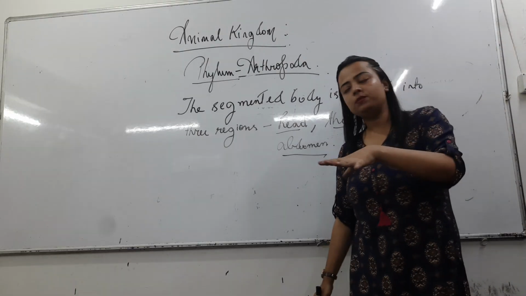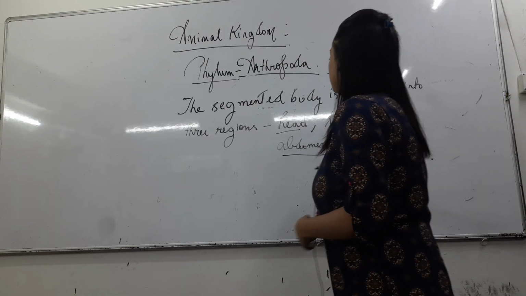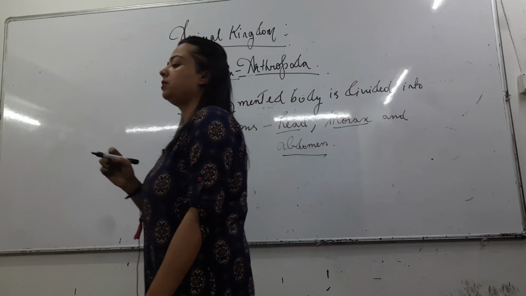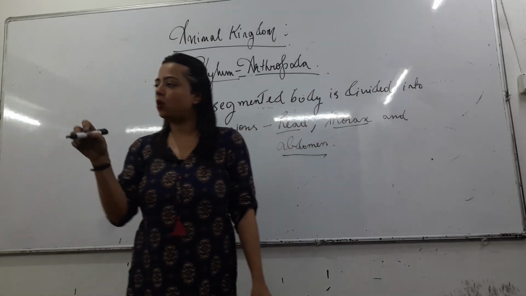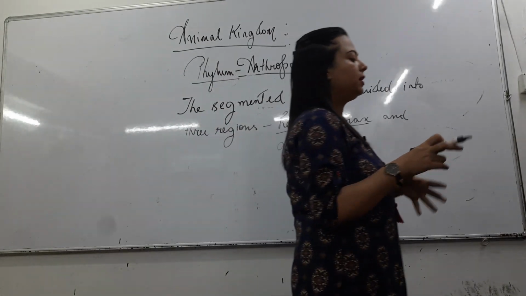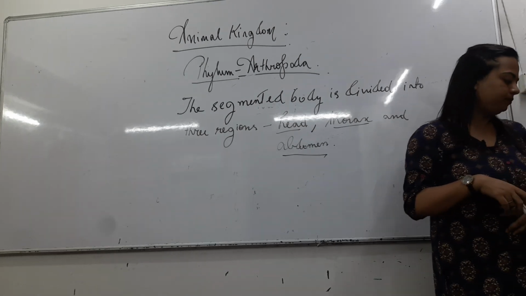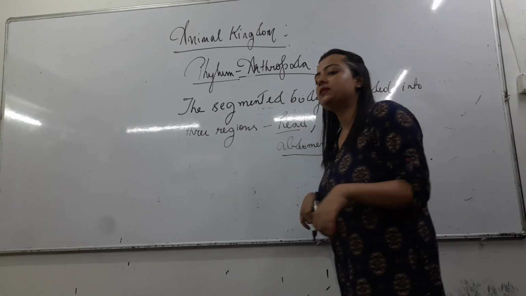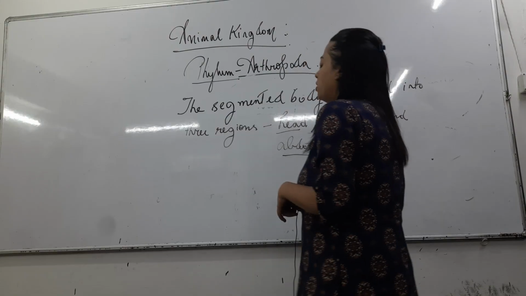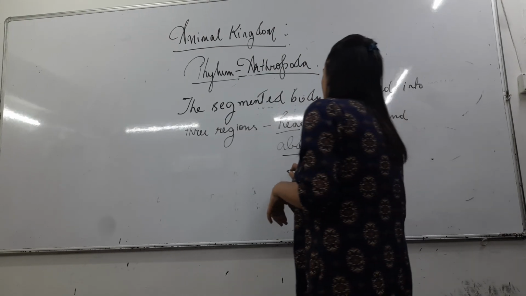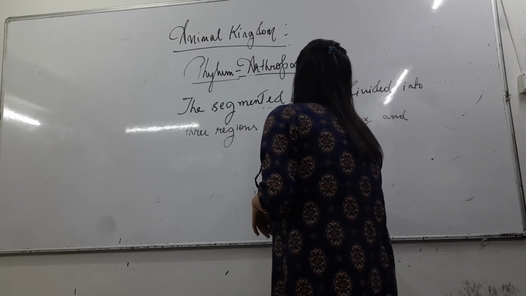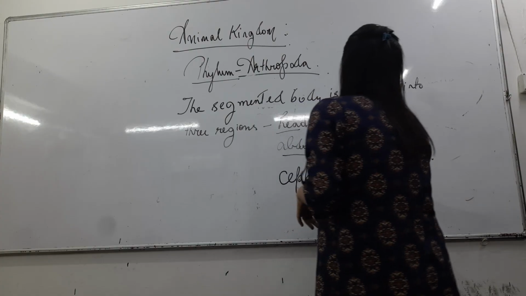In some forms, head and thorax combine together to form a single region called cephalothorax. So in some animals what happens?